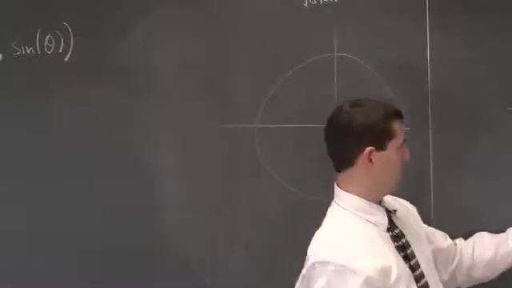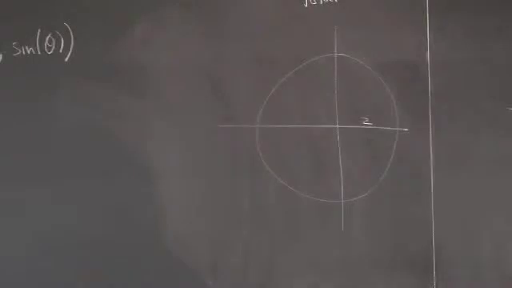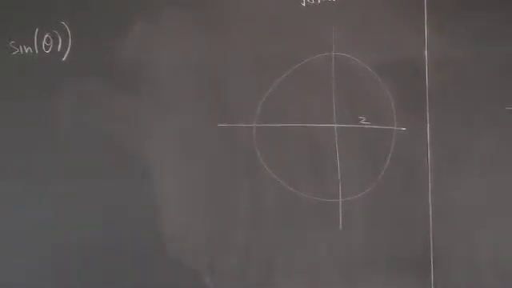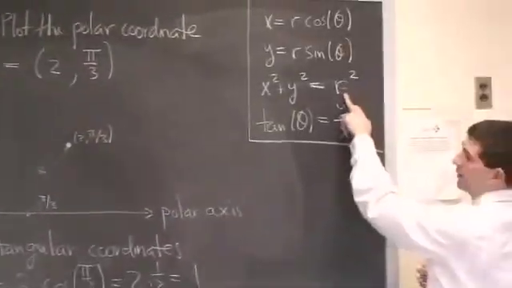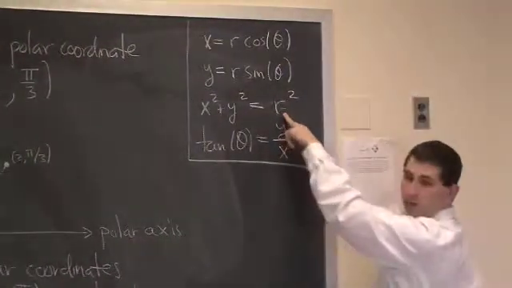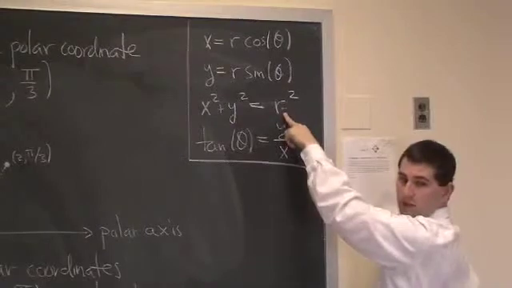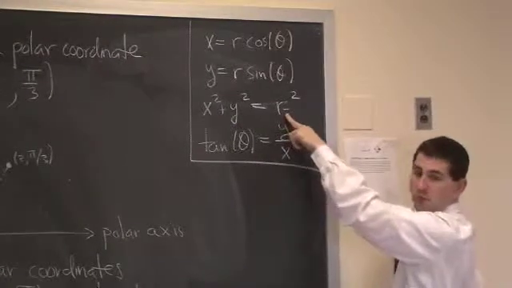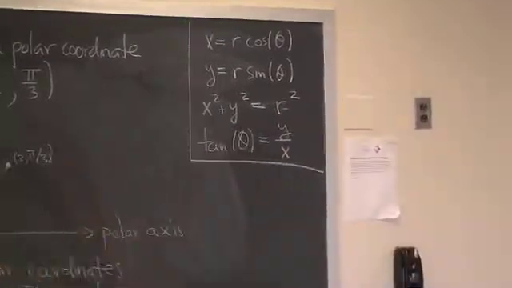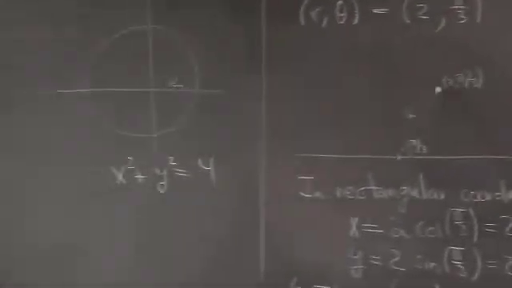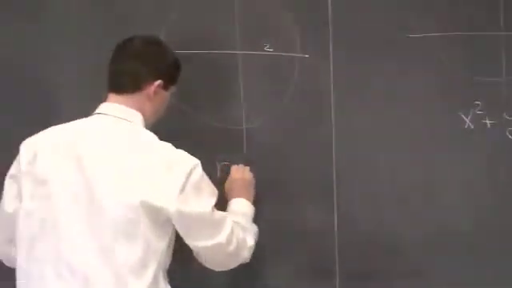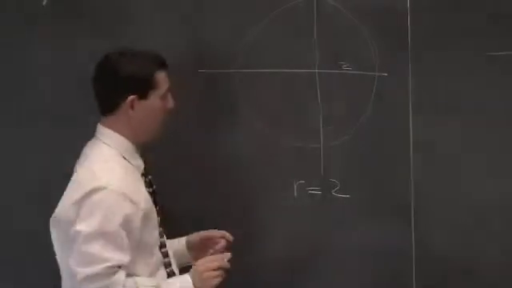Well, let's see. What if we try to convert this? Let's look over our formula list for a second. x squared plus y squared equals r squared. So it tells you what r should be: 2. We kind of knew that, right? The radius of the circle is 2.